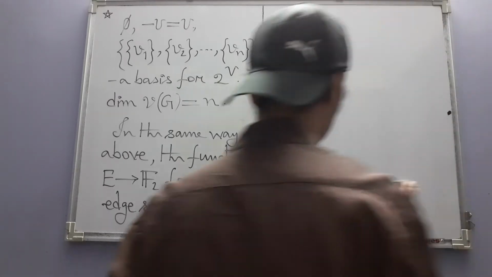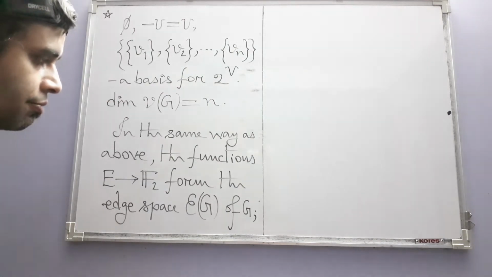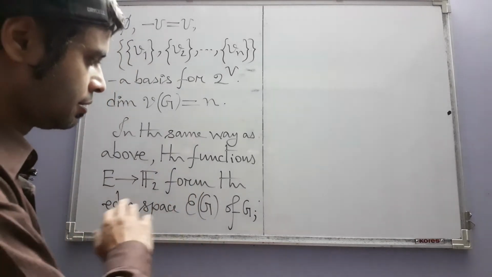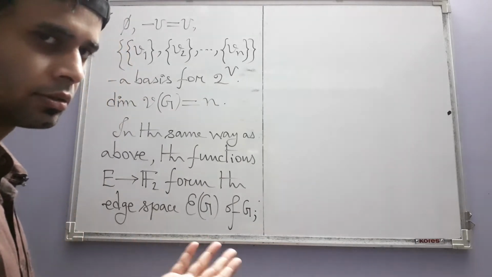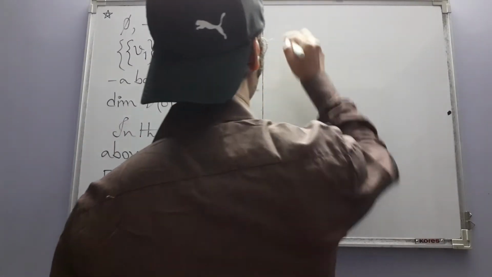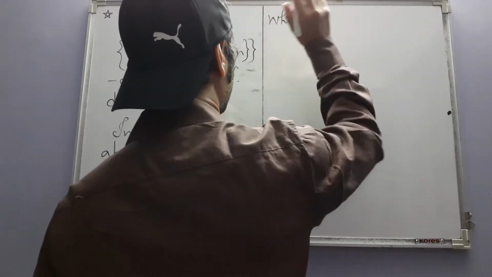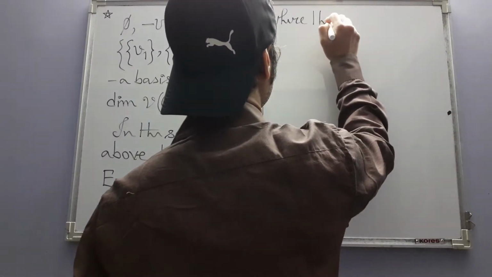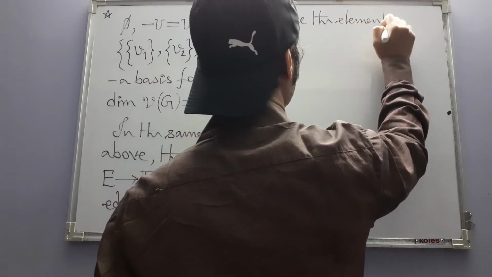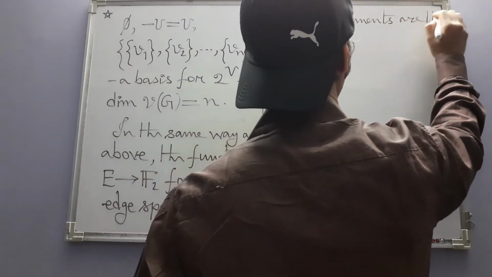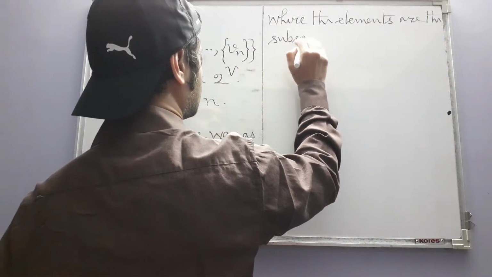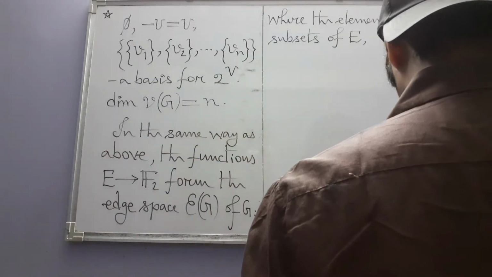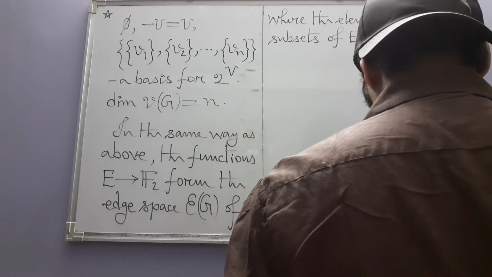In that sense, where again addition is symmetric difference, but now we are considering the subsets of the set of edges E, and multiplication by a scalar is similarly given by that isomorphism, where the elements are the subsets of E. So we are just simply going to repeat all the things we saw for the vertex space now for the H space.